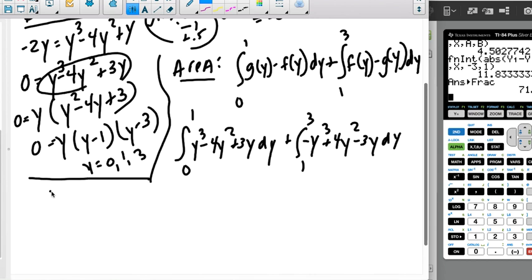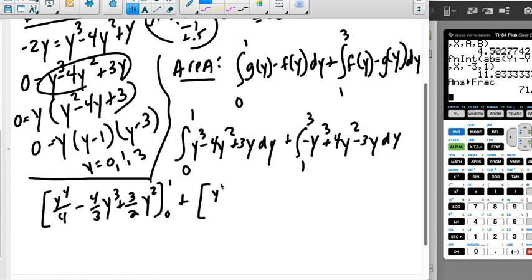So I'm going to get that this is y to the 4th over 4 minus 4/3 y cubed plus 3/2 y squared from 0 to 1. That one won't be bad because the bounds are 0 and 1. Plus this one's going to be negative y to the 4th over 4 plus 4/3 y cubed minus 3/2 y squared.